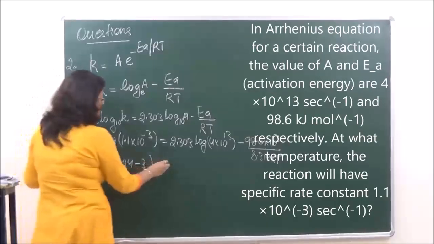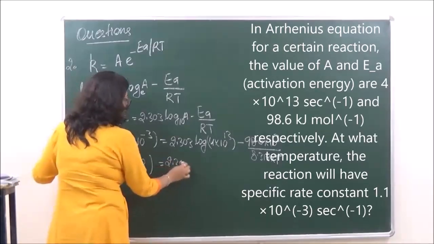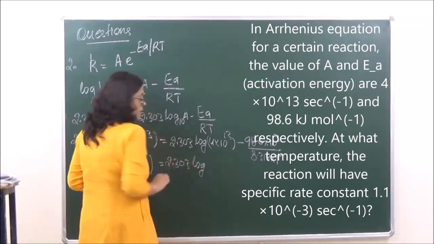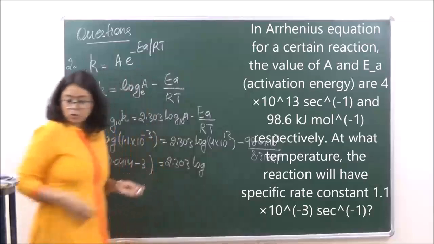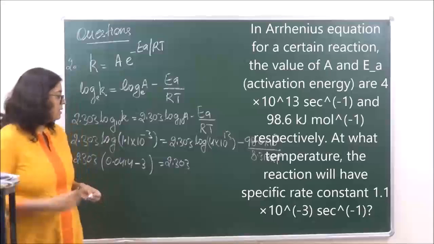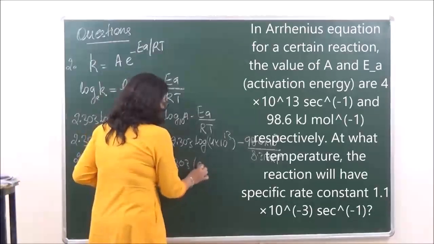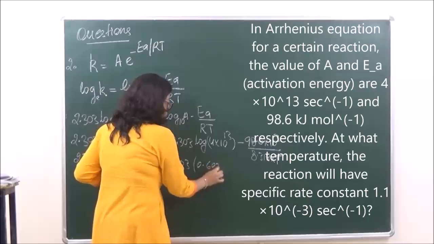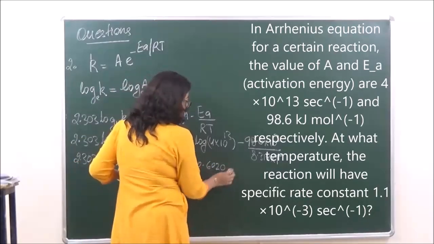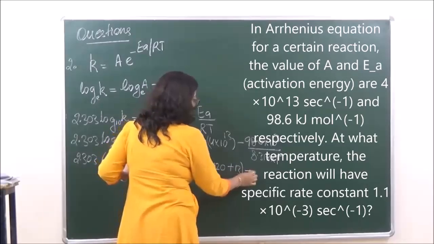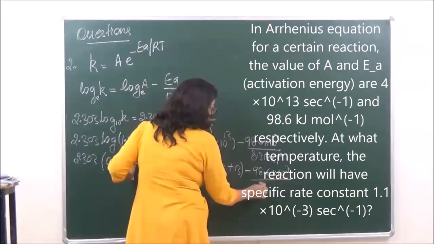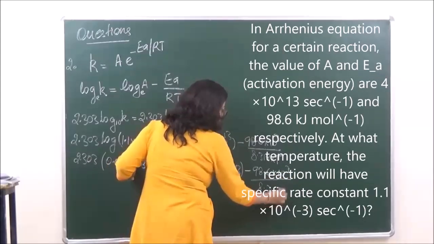Okay, and this is equal to 2.303 log of 4. The value of log of 4 is equal to what? 0.6020. So this will come as 0.6020 plus 13, minus 98.6 into 10 raised to power 3 upon 8.314 into T.